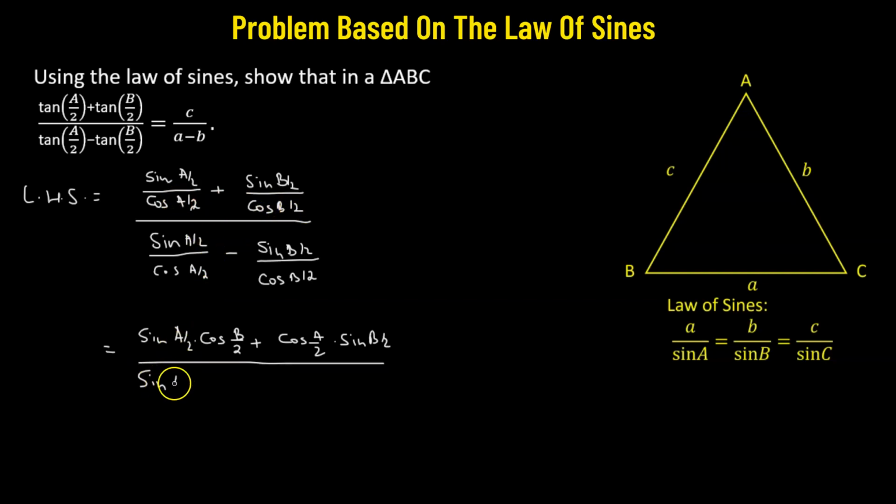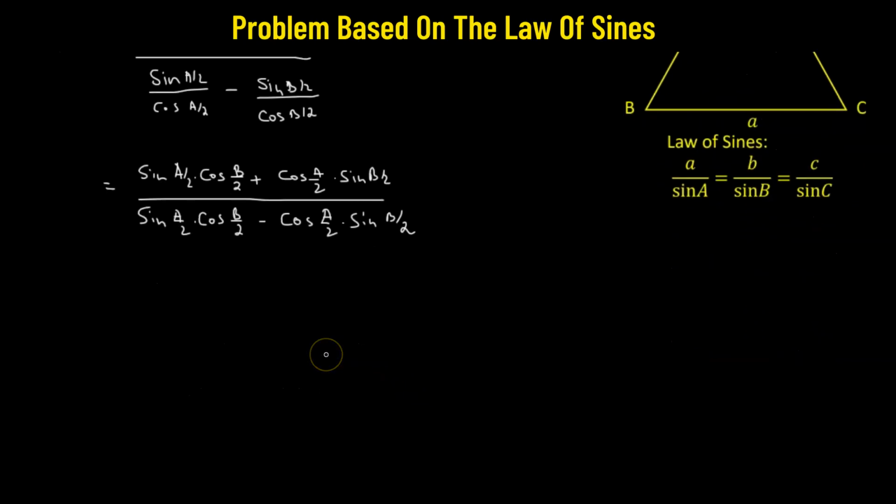So we have sine A over 2 times cosine of B over 2 minus cosine of A over 2 times sine of B over 2. Now the numerator is the expansion of sine of (A over 2 plus B over 2), and the denominator is the expansion of sine of (A over 2 minus B over 2).